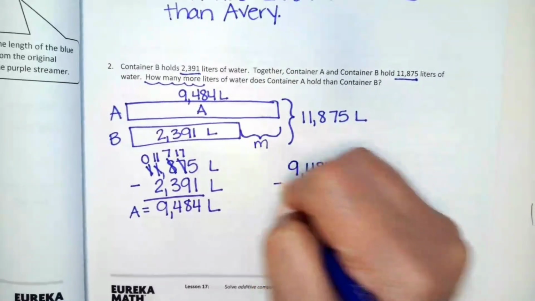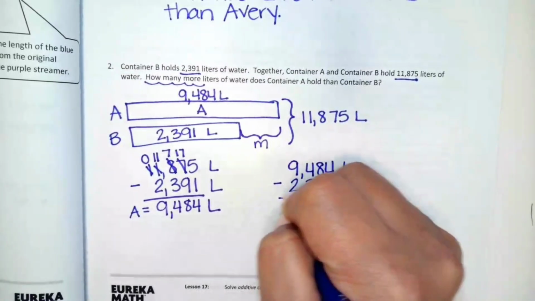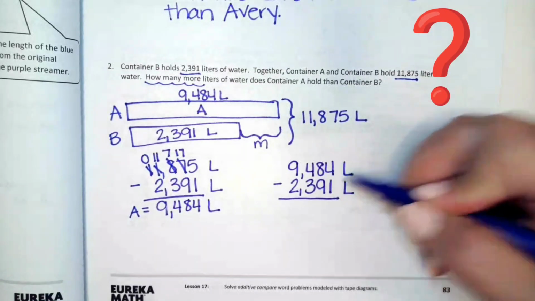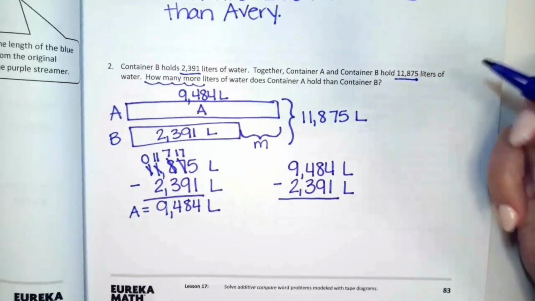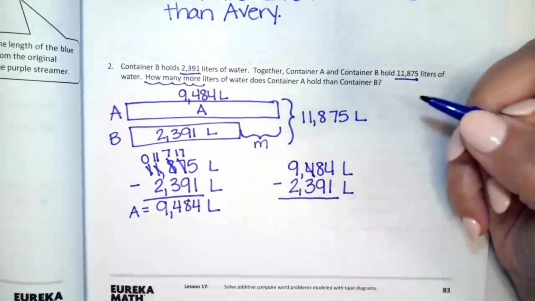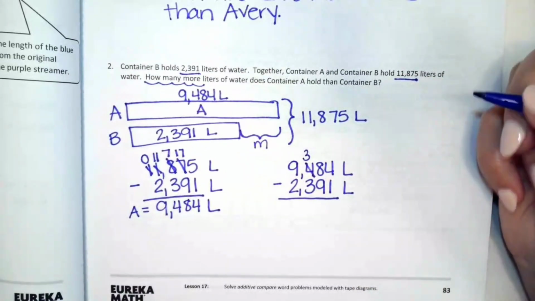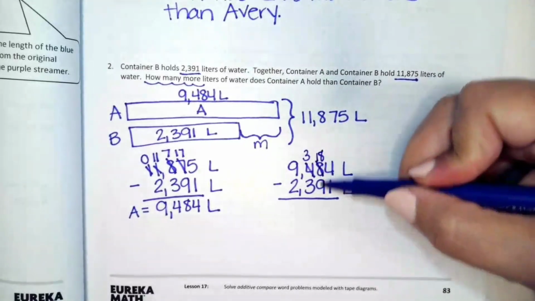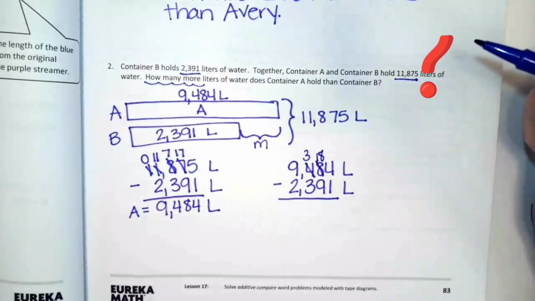9,484 liters minus 2,391 liters. Check to see if it's ready to subtract. Is 4 minus 1 ready? Yes. Is 8 minus 9 ready? No. Cross off the 4. That goes down to 3. Give 10 to the 8. So now that's 18. 18 minus 9 is ready. Is the hundreds ready? 3 minus 3? Yes.